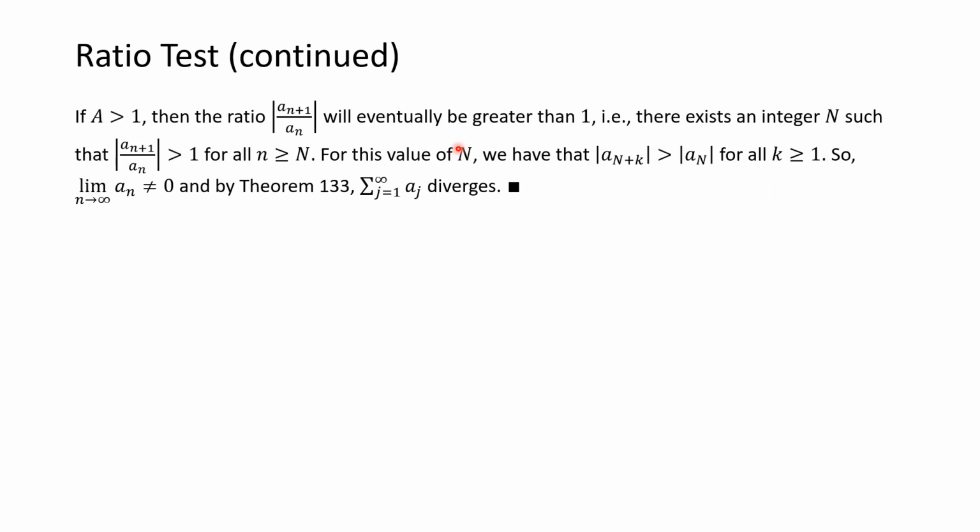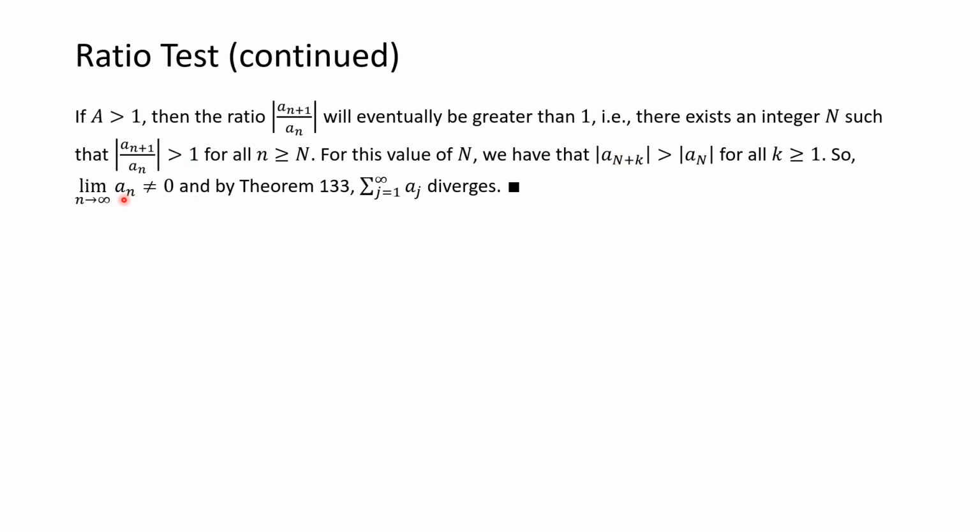In the case that a is greater than 1, we have that the modulus of the ratio a sub n plus 1 over a sub n is greater than 1 for all n greater than some capital N, and that implies the modulus of a sub n plus k is greater than a sub n for all k greater than 1. Basically, the terms get larger at some point and going out to infinity.